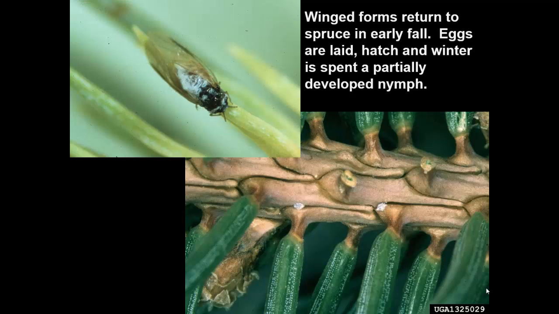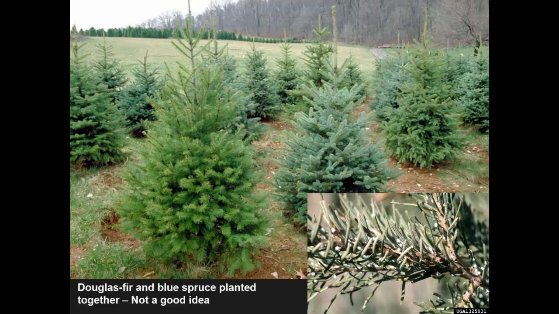That's the overwintering stage. But each year is independent, because each year the insect leaves the spruce, goes to its alternate host, which is Douglas fir, and new ones come back to the spruce trees in the fall. So this is an insect that does have two hosts, and so if you want to avoid problems, the best way to do this is to avoid having both hosts next to each other.